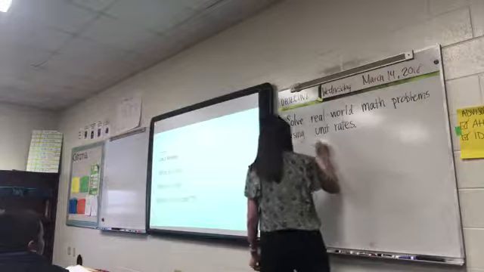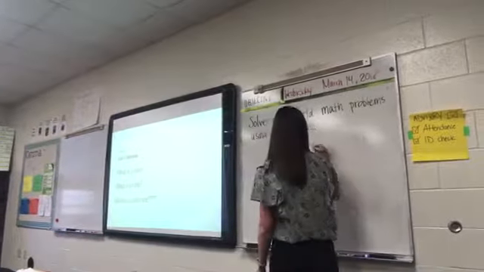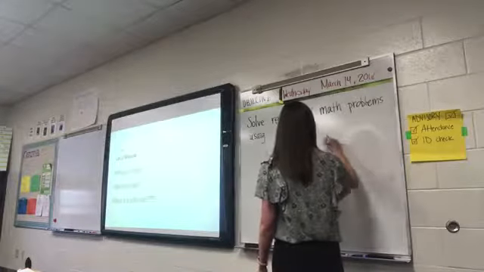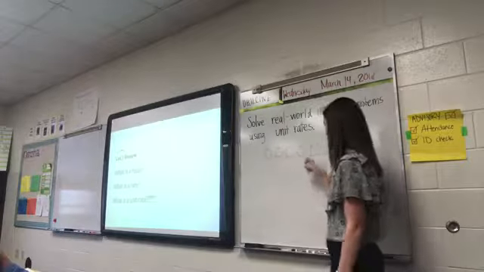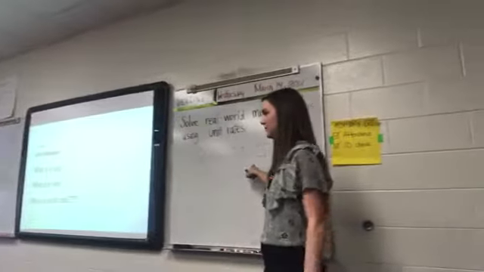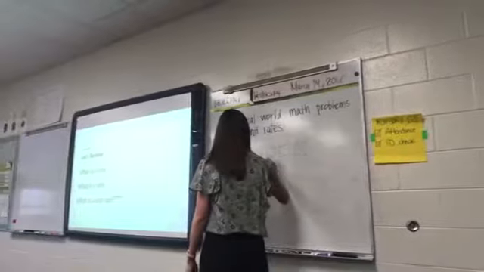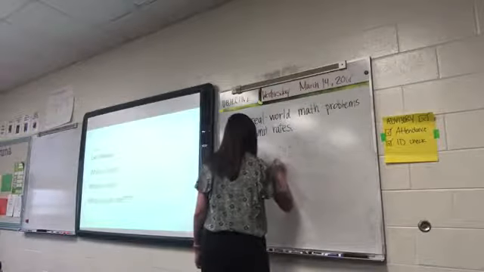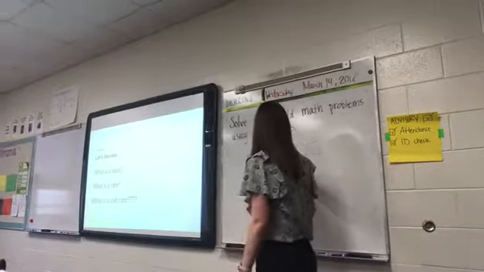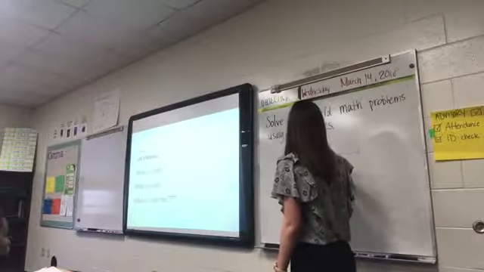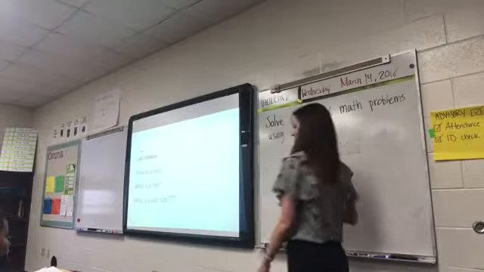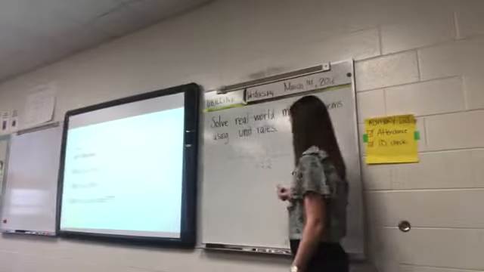So if we have 4 circles up here and 2 squares, the ratio of circles to squares would be what? 4 to 2. And how do I write that? There's a couple different ways to do it. That's right.